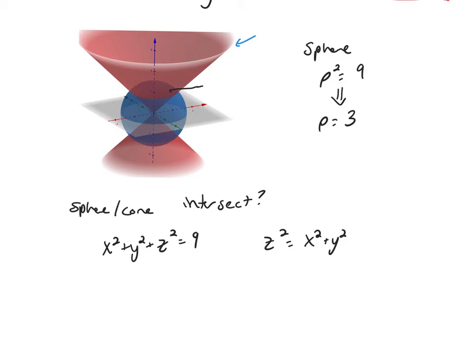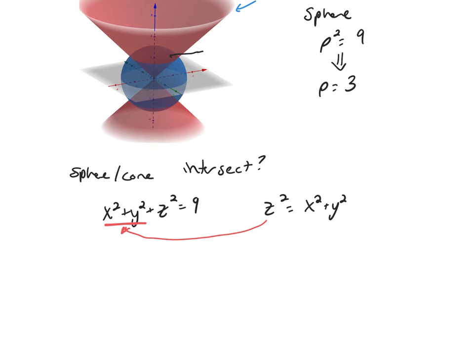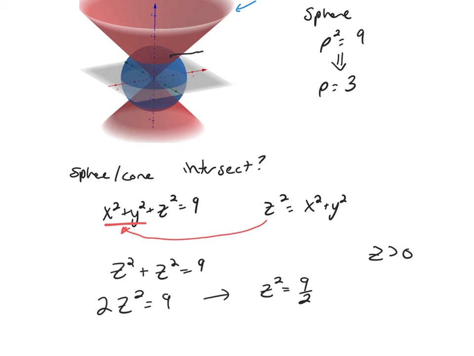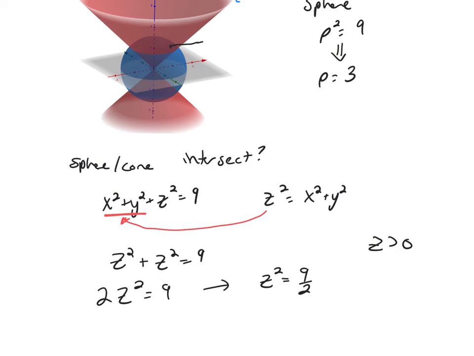I'm going to plug this into my sphere equation. For x squared plus y squared, you can plug in z squared. So you get 2z squared equals 9, which means z squared equals 9 halves. And z is only positive here because we're looking above the xy plane. So if we solve for z, it'll be 3 over the square root of 2.